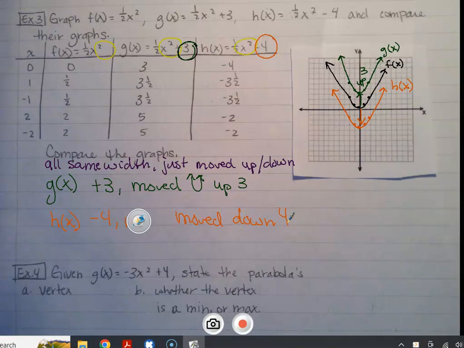Okay, so pretty awesome stuff there. But again, we're just trying to see those connections, like how the numbers move the parabola and shift it, because it's not quite like a linear equation. It's slightly different than that.